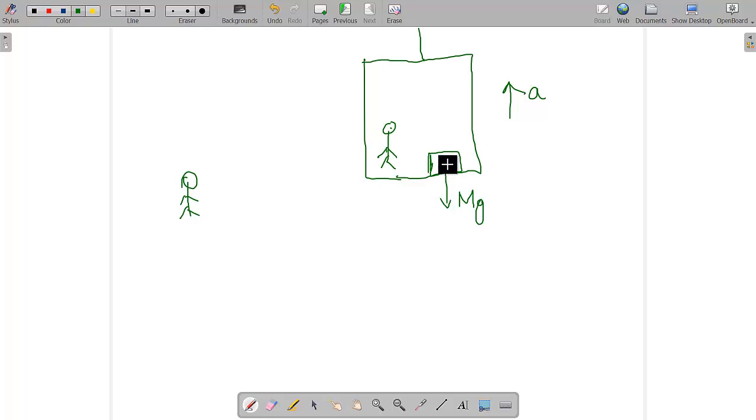He will tell that there is mg acting downwards and a normal contact force n acting on this block upwards. When applying Newton's laws, he writes n is equal to mg, because the block is not moving with respect to him. He finds that the acceleration is equal to 0 with respect to him.